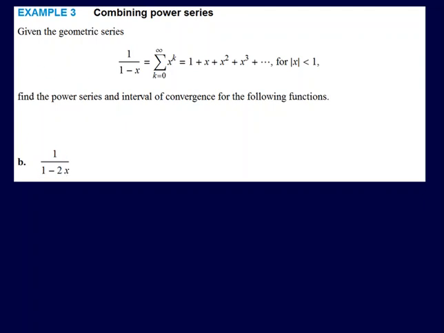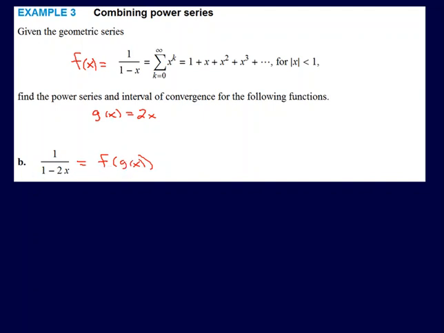Now, here's where we could use the notation of the theorem, in that if we think of this geometric power series as your function f of x, either in the form 1 over 1 minus x or in its power series form over here, you could now think of this where let's call g of x the function 2x, and that way this could be thought of as f of g of x. In other words, f of 2x, because everywhere the x is in the original function f, you now have a 2x. And so you're really doing a composition here.